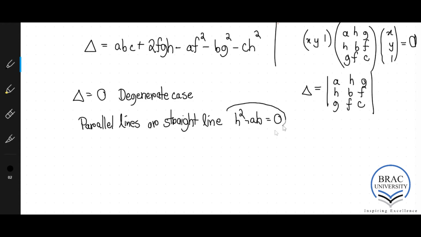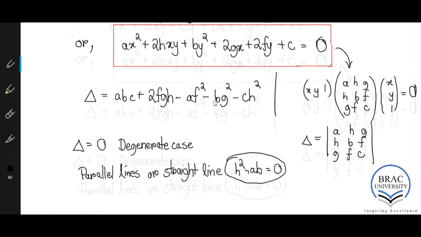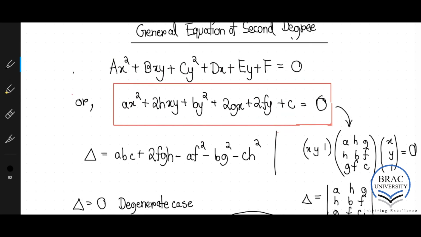Now, where is this coming from? Let's have a look at that. In this equation, if we look at the discriminant, which is b squared minus 4ac, you can use this equation to see what that comes up as. The b squared would give us 2h squared, minus 4ac, where a here is represented as a and c is b here, so 4ab.